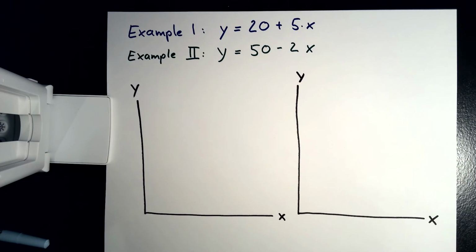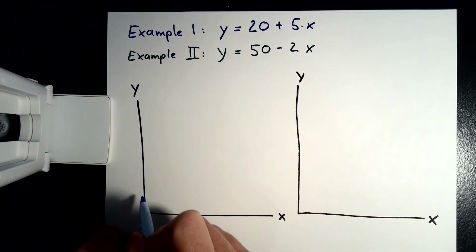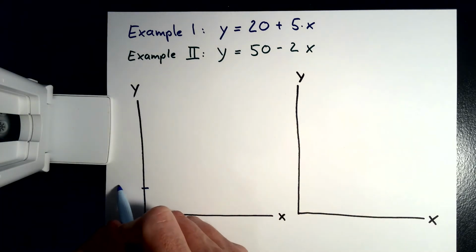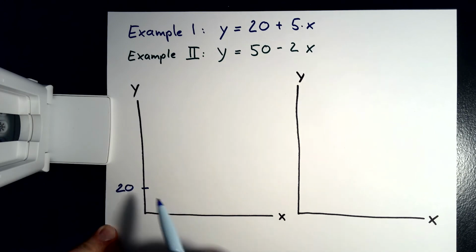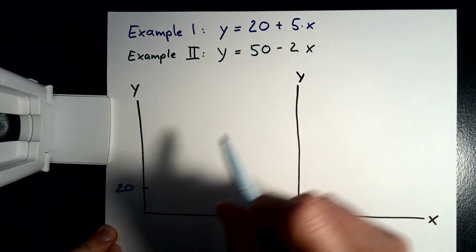Let us look at two functions using the concept that we have just learned. So for example 1, we have this linear function y is equal to 20 plus 5x. So what this means is that the intercept is 20, and that the slope is equal to 5.